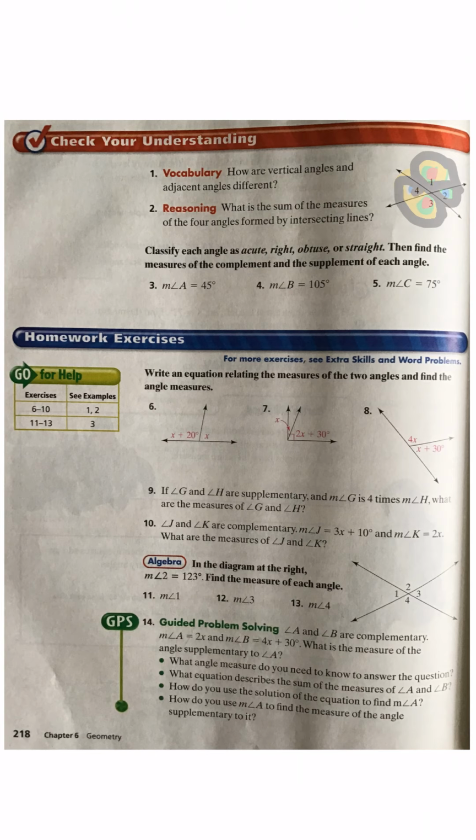And it could be this direction also, 2 and 3, 4 and 1. 180 plus 180 equals 360 degrees. A circle also measures 360 degrees.